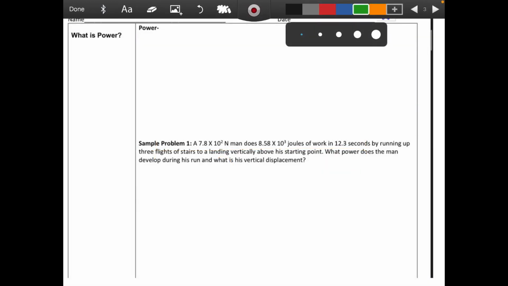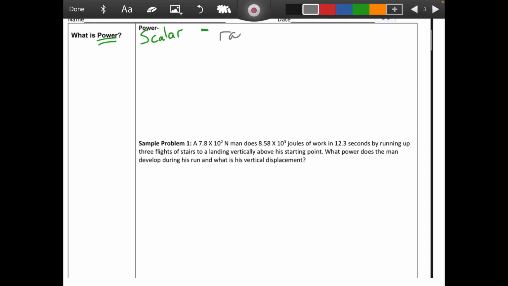Okay, moving right along. So next page we have power, and work and power go hand in hand. So power is also going to be a scalar quantity just like work. And power has one of my favorite definitions in physics, and it's the rate at which work is done.